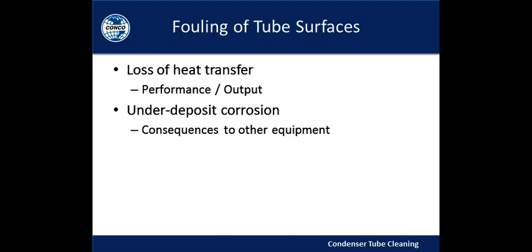In addition, there are consequences associated with other equipment. Let's say under-deposit corrosion hits through your tube wall, penetrates into the condensate, and carries those contaminants through the boiler and up into the turbine.